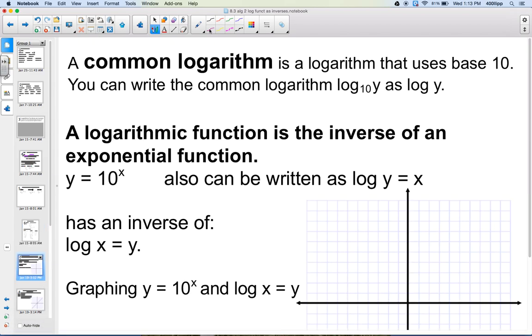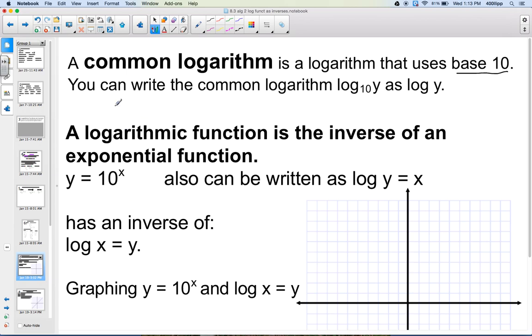We're going to be looking at a common logarithm. So common log is using a base of 10, base 10 here. So you can write the common logarithm log base 10 of y as log of y, which means if you do not see a base, it's known to be a common logarithm.